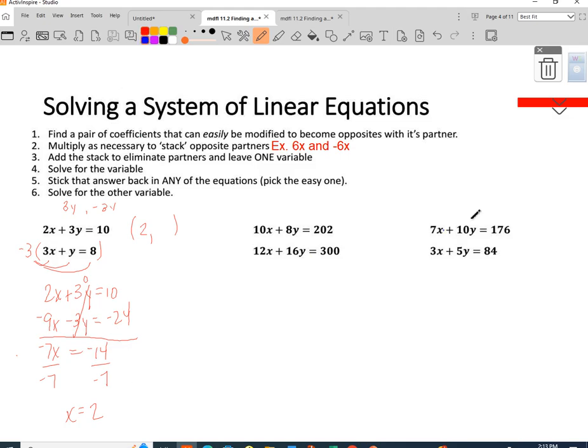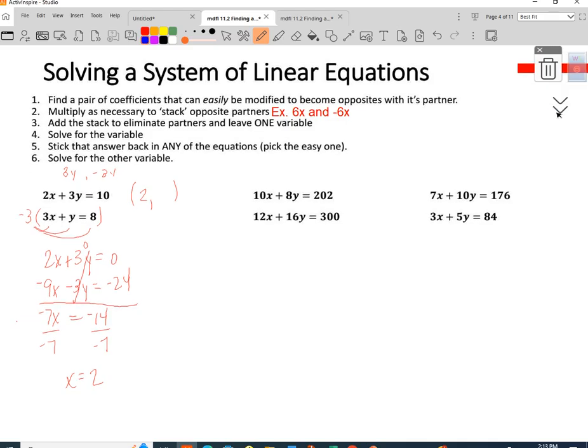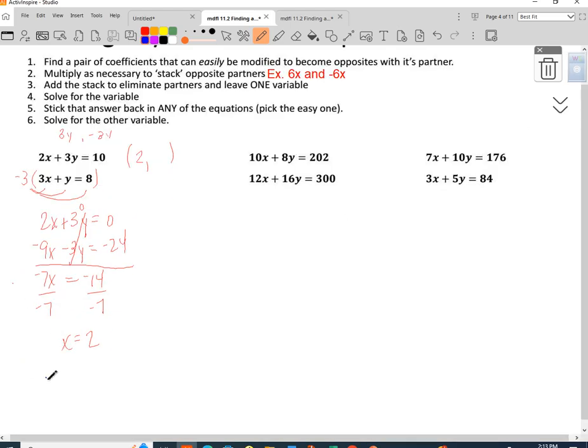To find the y-coordinate, I'm going to take that 2, and I'm going to plug back into either equation and solve for y. I'm going to plug back into the same equation because y is all by itself there, so that one looks easier to me. So I'm going to plug the x in here, and then I've got y by itself. I just have to solve for that.